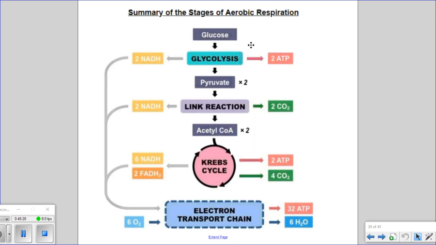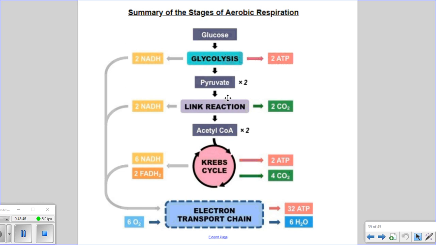So this diagram here is just a summary of the stages of aerobic respiration, just showing where everything gets generated from. So we have glucose entering into glycolysis, which generates a net 2 ATPs, and also generates 2 NADHs.